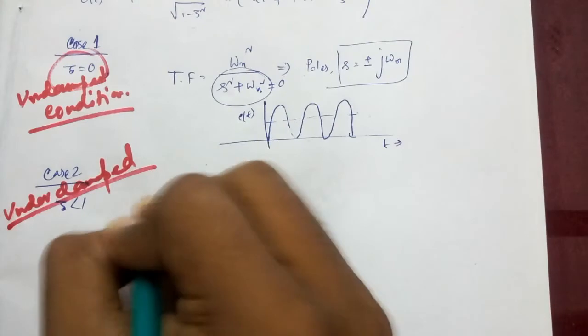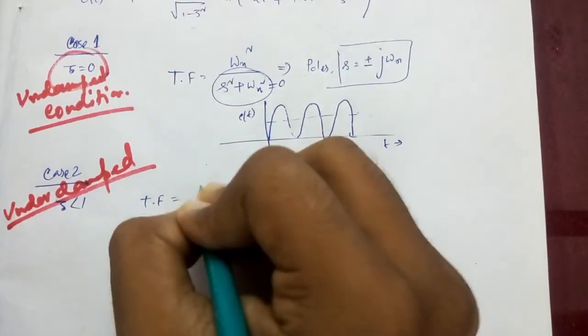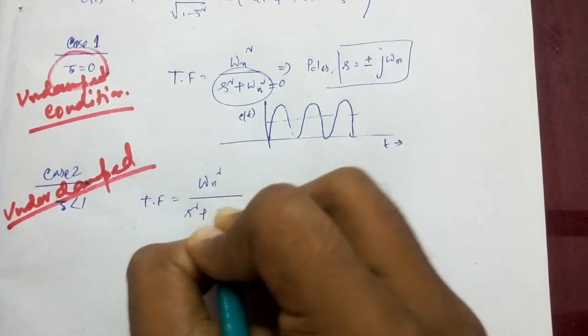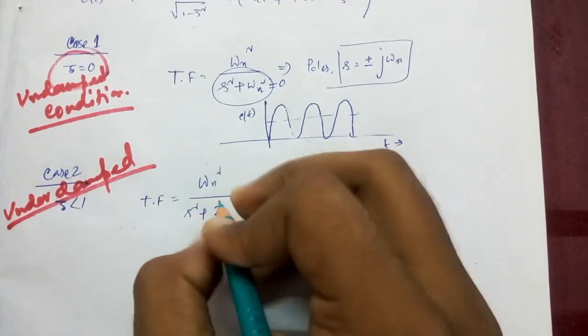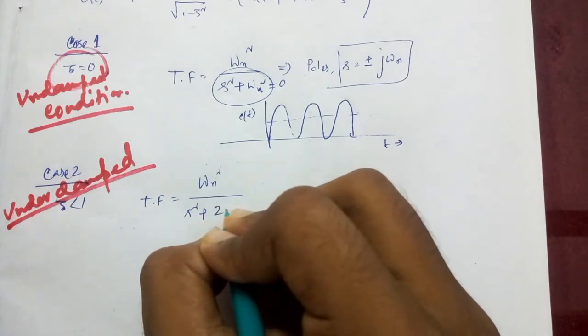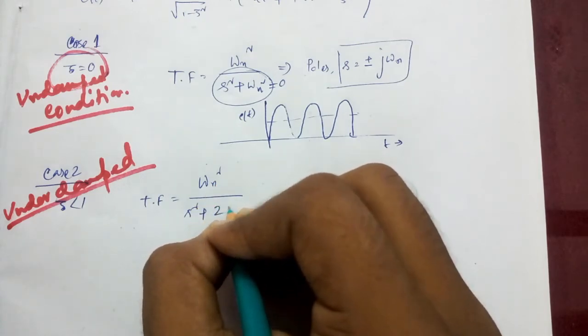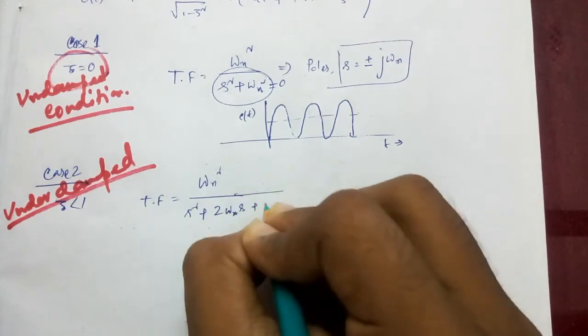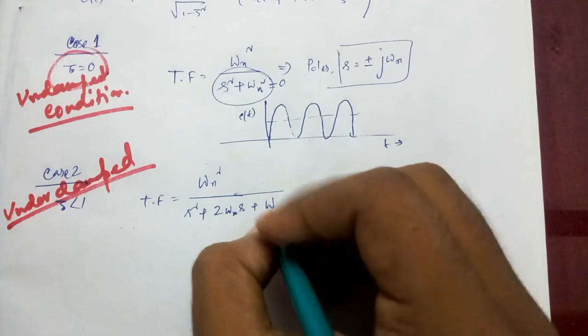In this case, the transfer function is omega n square by s square plus 2 zeta omega n s plus omega n square.